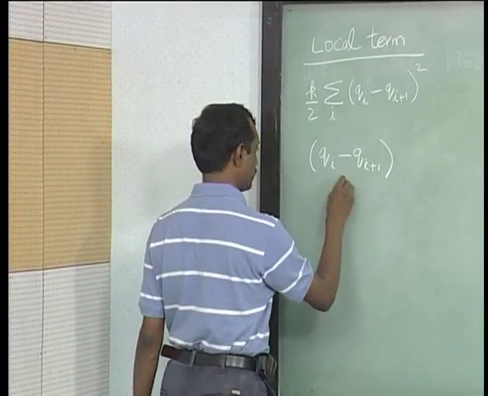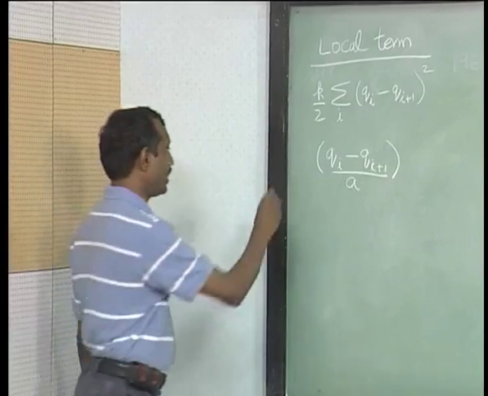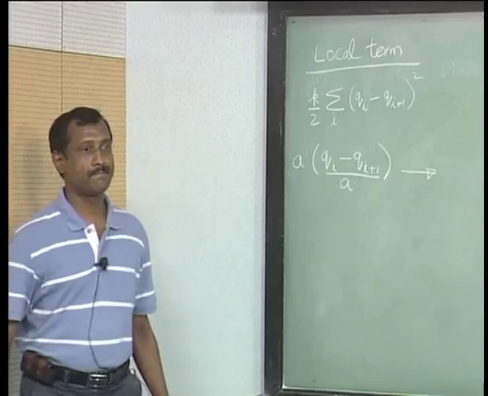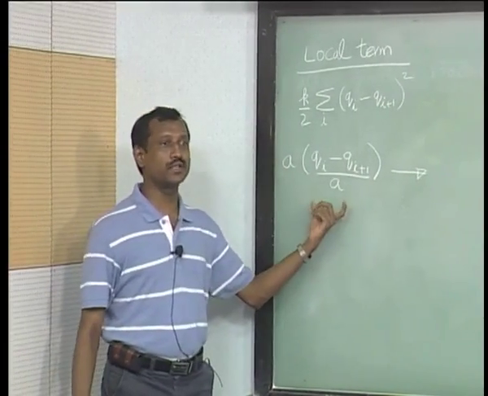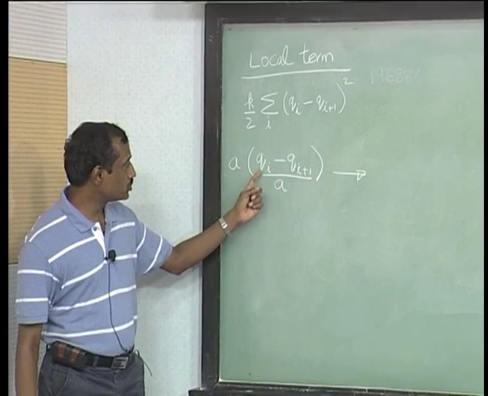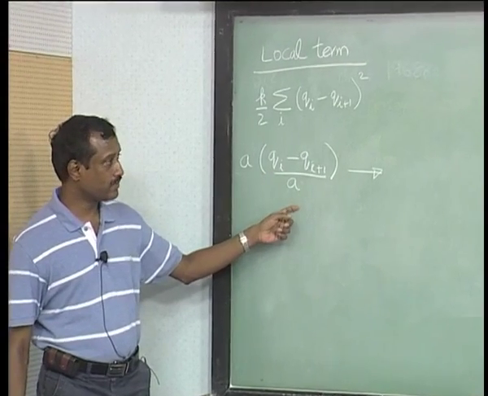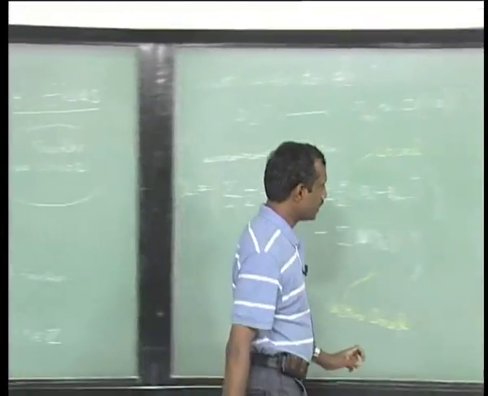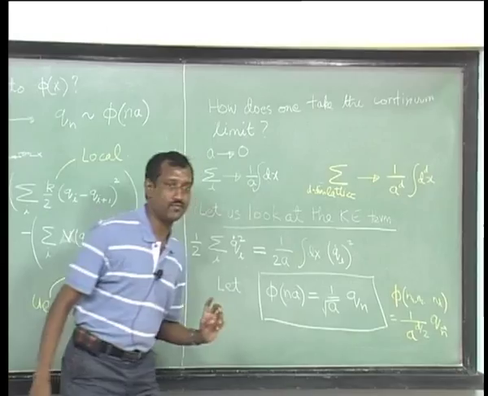If I divide this by a and multiply it by a in the continuum, you can see the appearance of the discrete derivative. So, in the limit that a goes to 0, this becomes the derivative. And putting in that other factor that we have out here, that is squared, and q is equal to square root of a times phi.